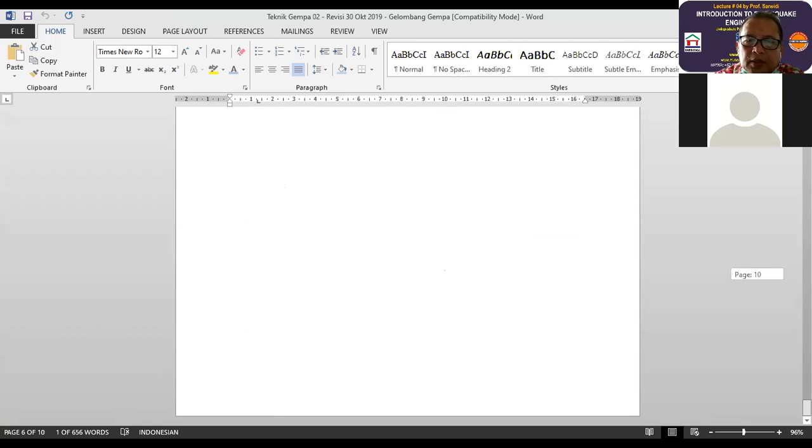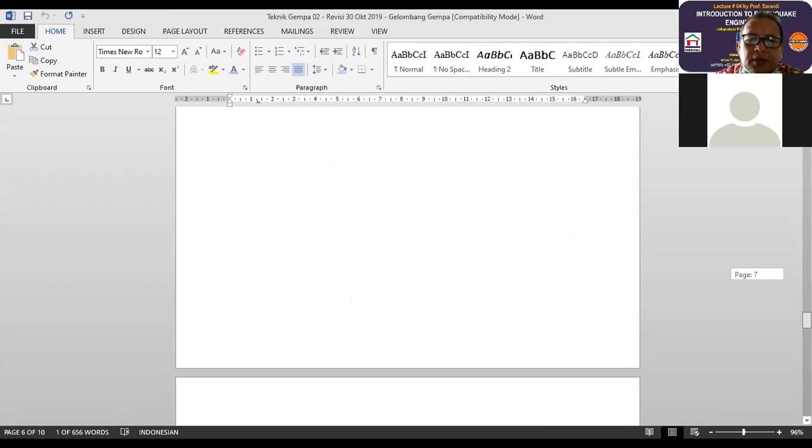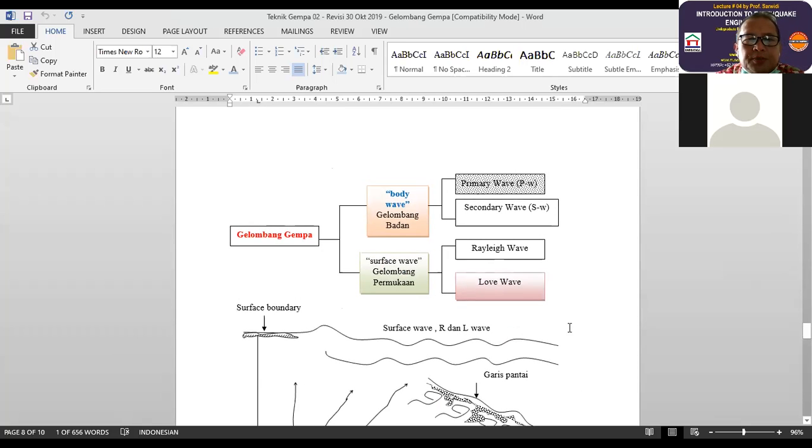So I jump to the last pages. If we summarize, this consists of body waves, gelombang badan, and surface waves, or gelombang permukaan. Body waves consist of the primary wave or P wave, and the secondary wave, S wave.